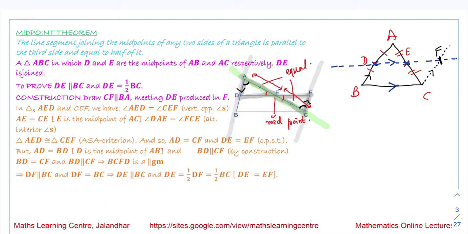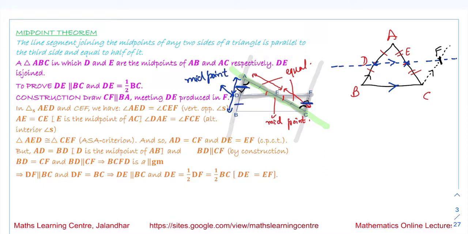So what we get from this is that AD is equal to CF, and this AD length is equal to DB because D is the midpoint.